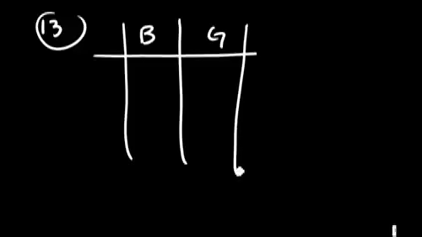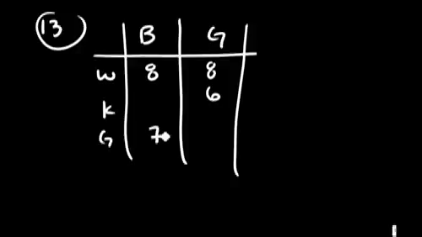The first location looks to be Wilmette, in which there are 8 boys. Six girls are from Kenilworth. 8 girls are from Wilmette. 7 boys are from Glencoe. 3 boys are from Kenilworth.